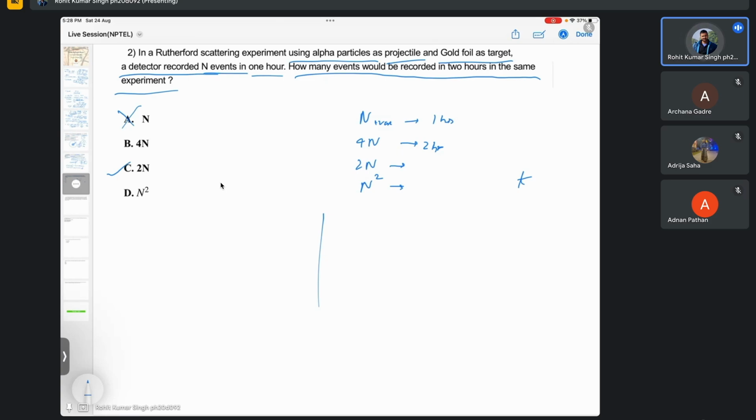If you are taking a long enough period of time, you should get the same number of events, if your flux is constant. And also your target should not deplete much, right? So this is basically a simple experimental observation.